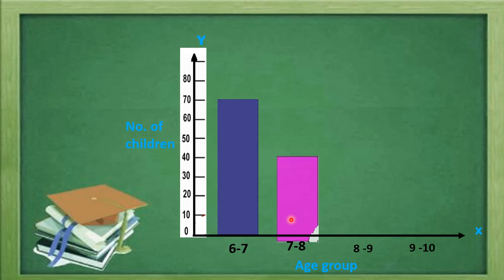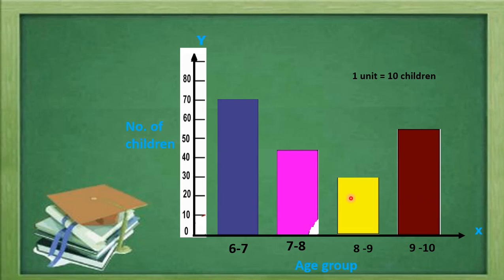Then for the 7 to 8 age group, we have 45 children, for 8 to 9 years we have 30 children, and for 9 to 10 years we have 60 children.